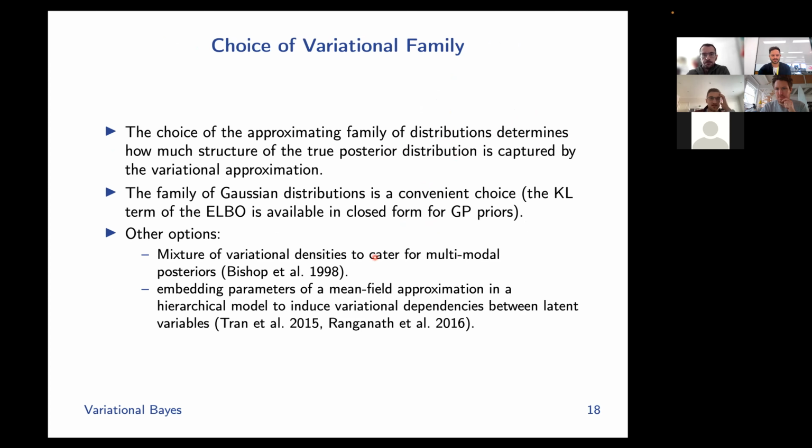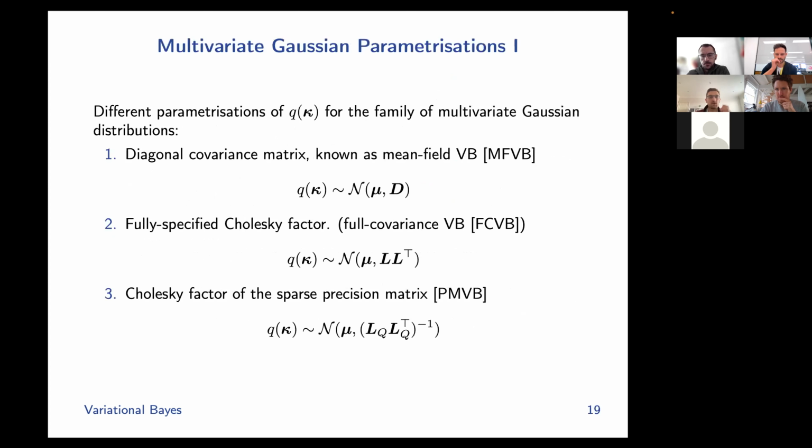Okay. Yeah, just shout. Okay, so as I said, the multivariate Gaussian parametrization is a very convenient choice, and we've got a few options, especially with regards to the covariance matrix. The first choice is a diagonal covariance matrix. This is very efficient, quite easy to implement and easy to optimize.